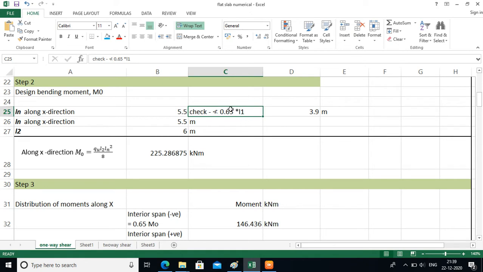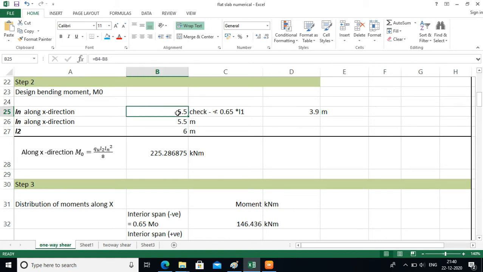If we apply that check, L1 is the center to center distance between the columns in x direction, and 65% of that is 3.9, meaning the Ln magnitude should not be less than 3.9.